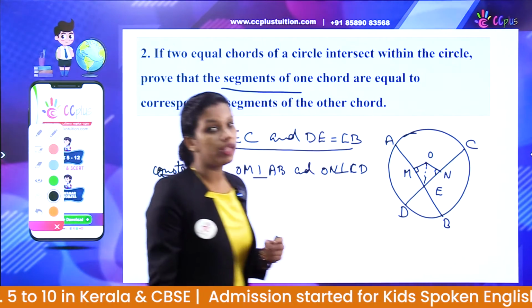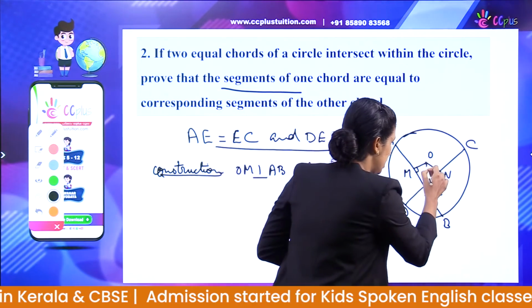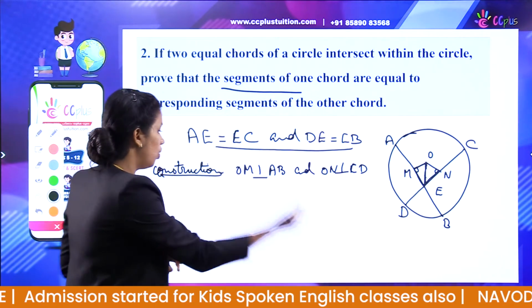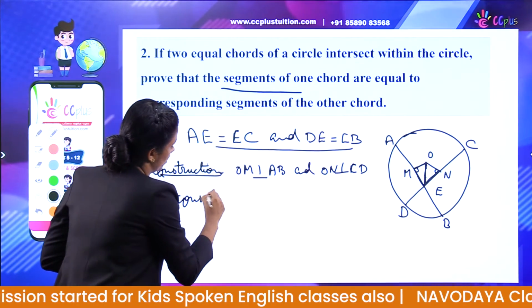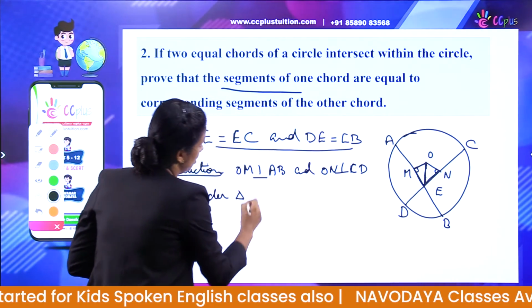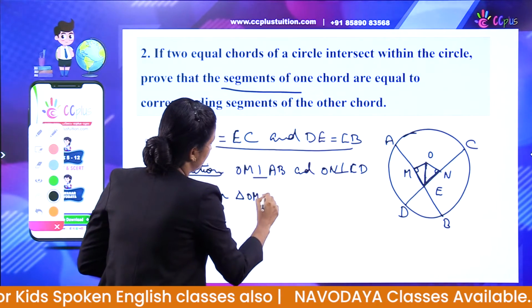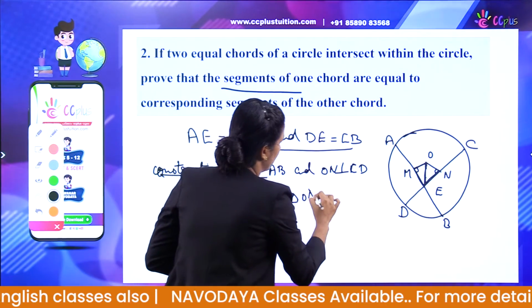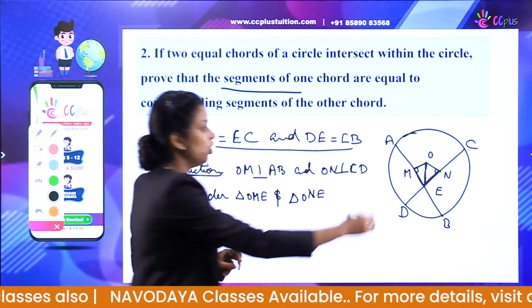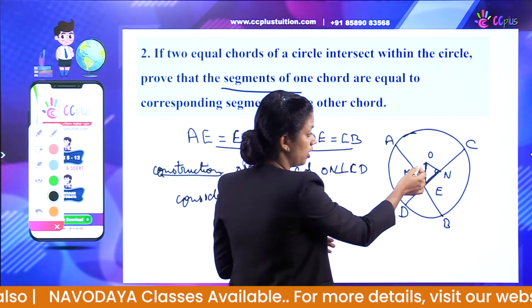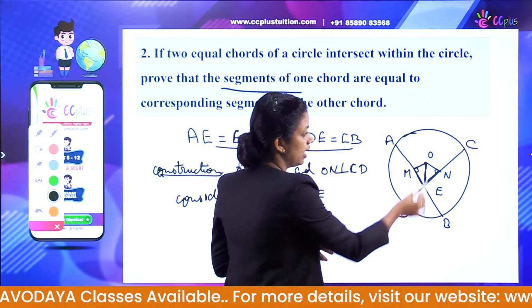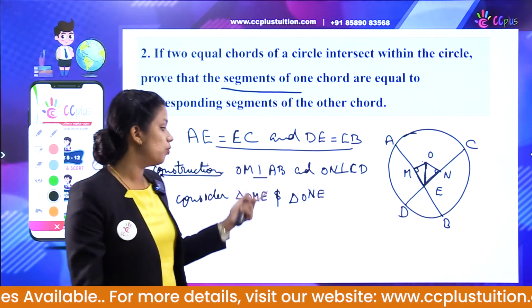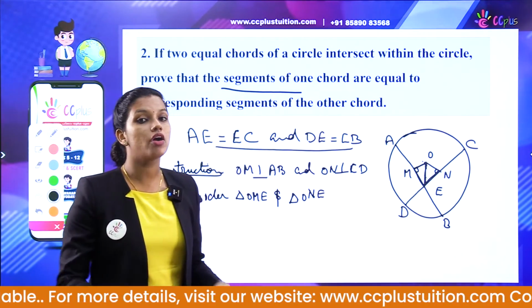So we are focusing on these two triangles, triangle OME and triangle ONE. Here, our aim is to prove these two triangles are congruent.